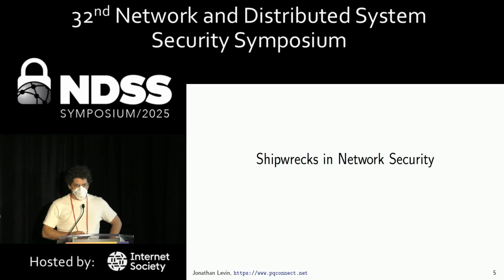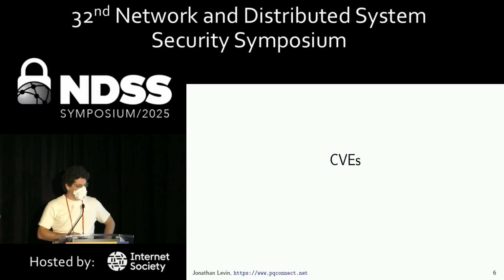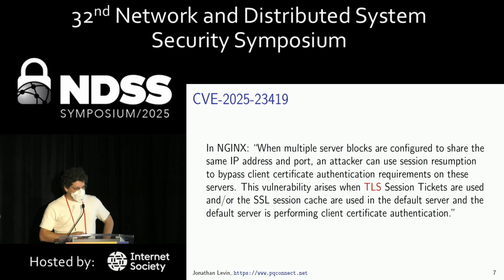So I wanted to look at a couple of shipwrecks in network security. If we look at some TLS CVEs, this is a recent one. I won't read the whole thing because 12 minutes is quite a short time for a talk, but there was a recent CVE in Nginx, the popular web server program, where attackers in certain network configurations can bypass certificate client authentication by using TLS session tickets.